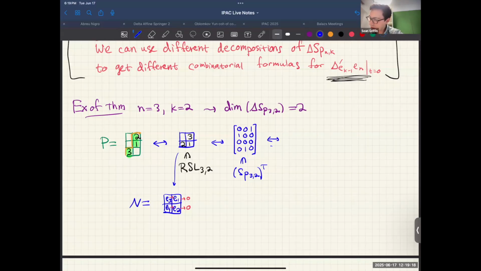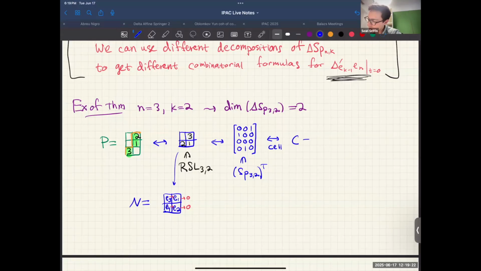And then to get the cell, we take the corresponding Schubert cell for that matrix. So I'll put the ones in the same positions.